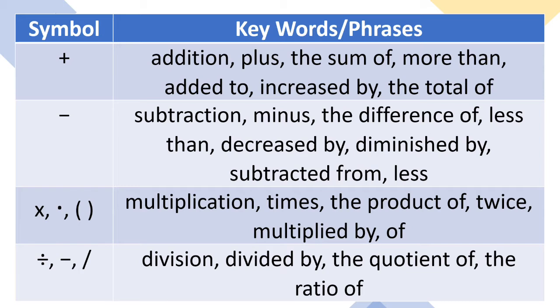For the symbol x, dot, open and close parenthesis, the keywords or phrases are multiplication, times, the product of, twice, multiplied by, or of. For the symbol divide, fraction bar, and slash, we use the keywords or phrases division, divided by, the quotient of, and the ratio of.